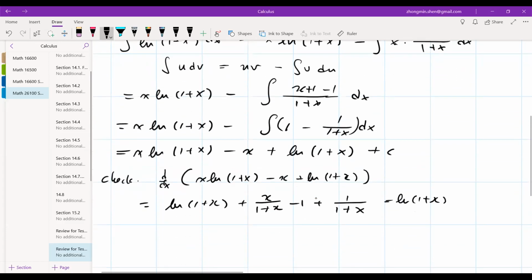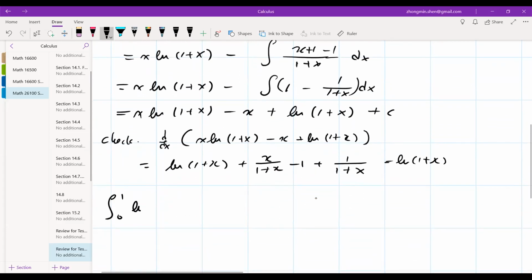So how to evaluate this integral? You just take the difference of the endpoints. Plug 1 for x, you get natural log of 2 minus 1 plus natural log of 2. This is the first part.